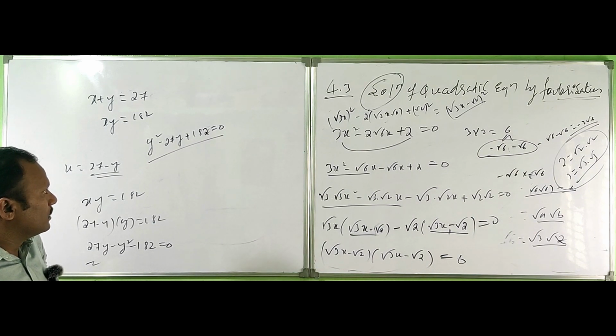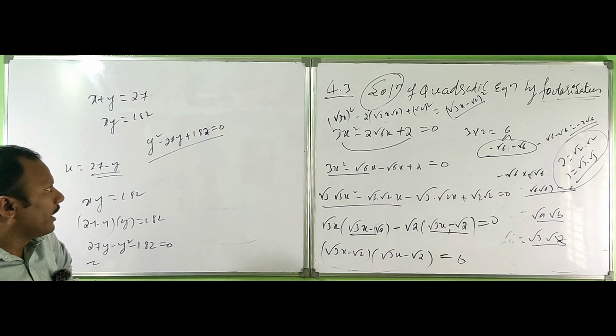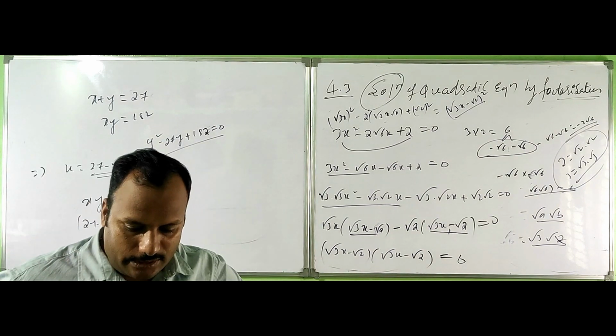Okay, the sum should be 27. 21 into 8, not possible, no? 21 into 7, 21 into 6, not possible. 18. Okay, let's check the value here.